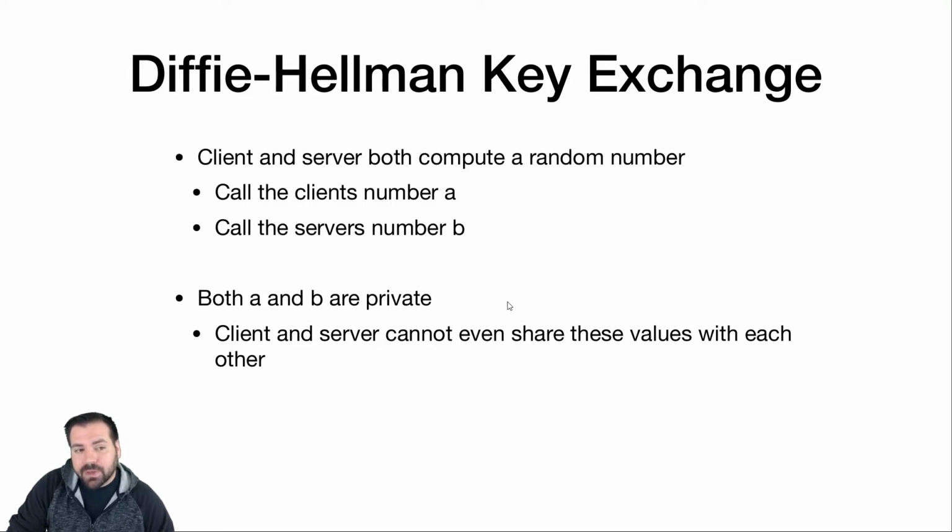Then for the private communication, both the server and client generate random numbers that are not shared with anybody, not even with each other. Nobody sees these values. The client is the only person on the planet who knows a. The server is the only person on the planet who knows b.